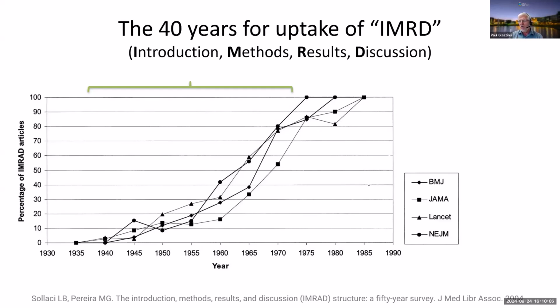But 1935 was really when that was first introduced. And here are the 4 major general medical journals and their degree of uptake of this. And it really took nearly a 40-year period for that to become a universal thing within those major general medical journals.